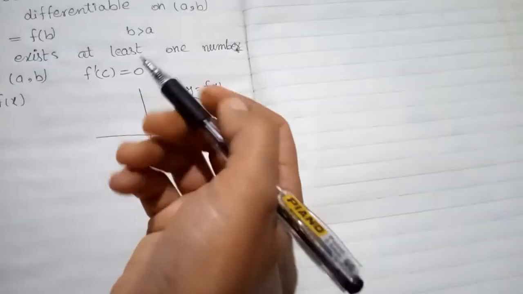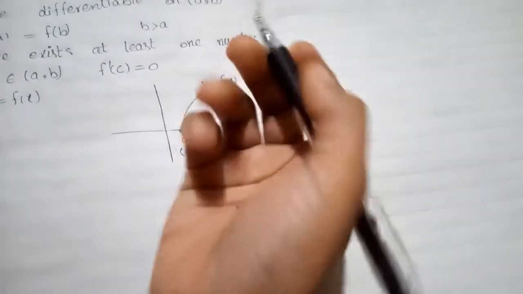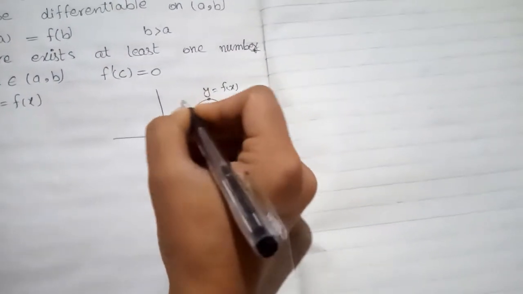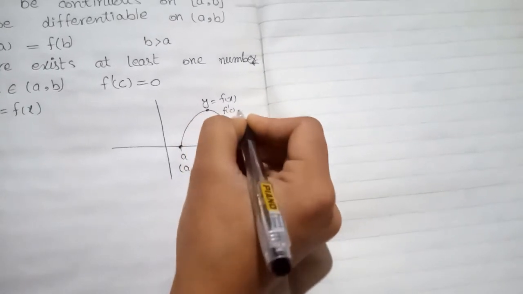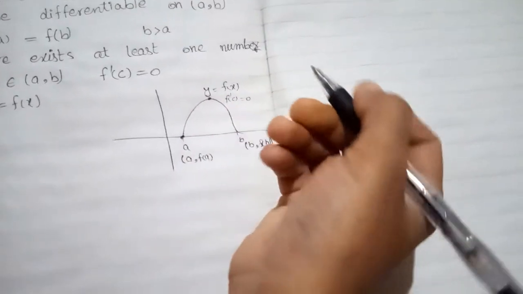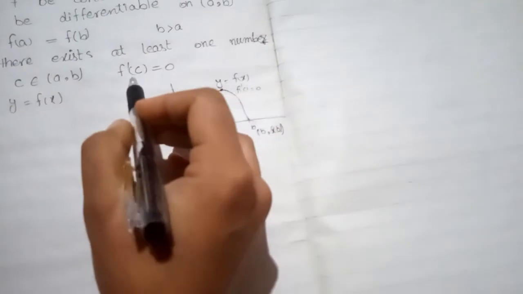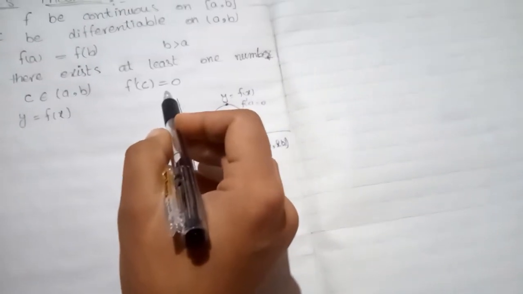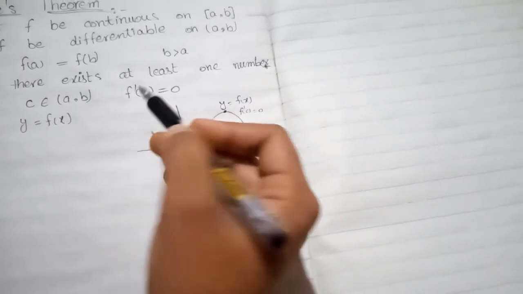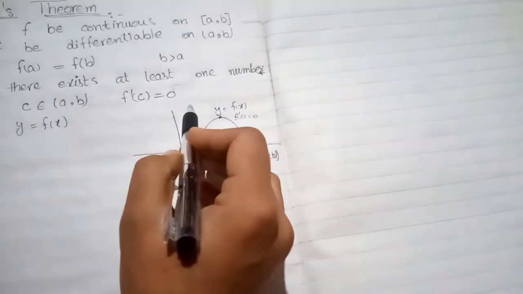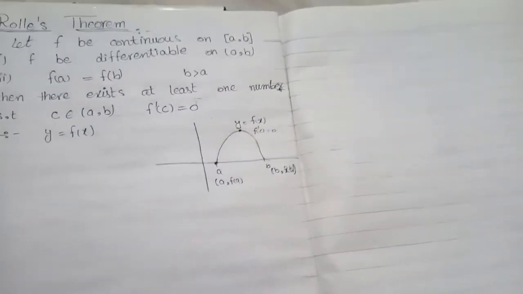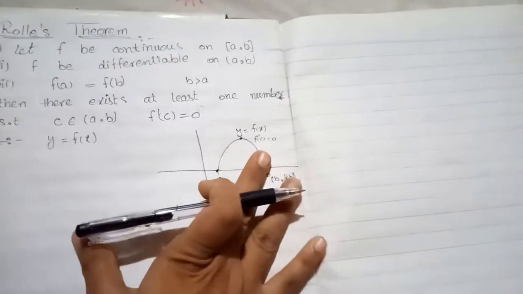We have to show that there is a point c where the derivative at c is equal to 0. If we revise the definition of a critical point, it is the same as here. Now we have to prove this theorem according to this graph and the conditions.